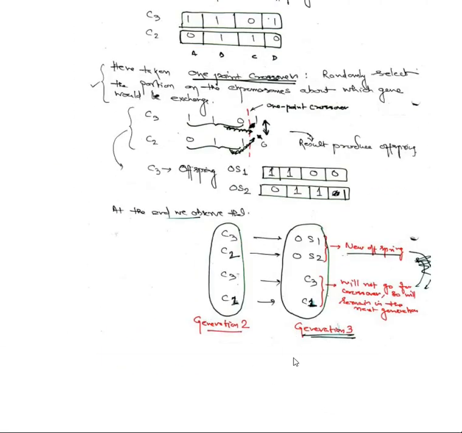Then in the next case we will go for mutation of this offspring. We can mutate this one, and once we mutate this particular case, it will be ready for replacing the other populations in the generation.